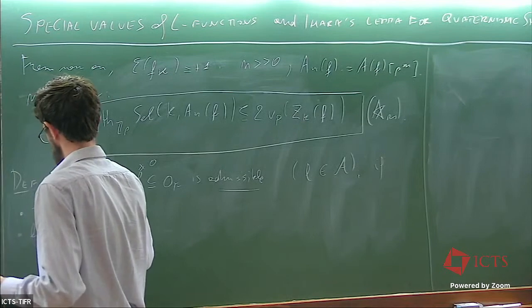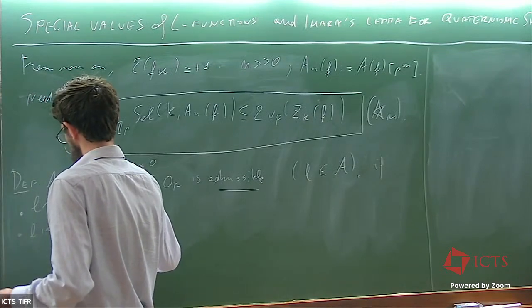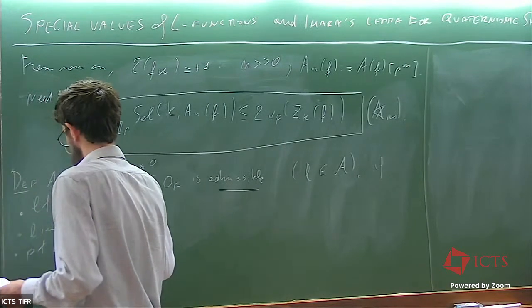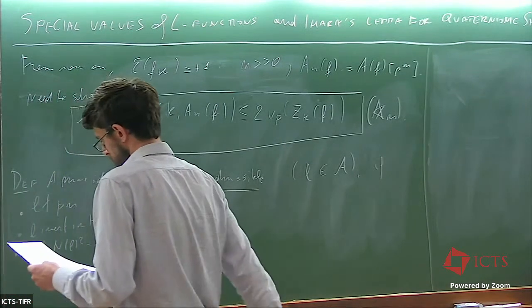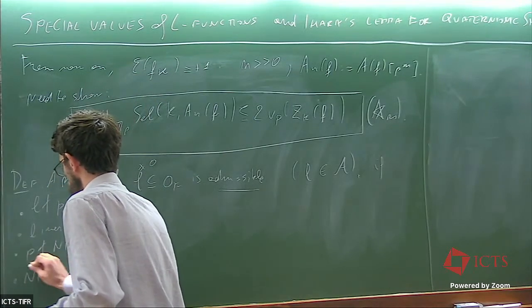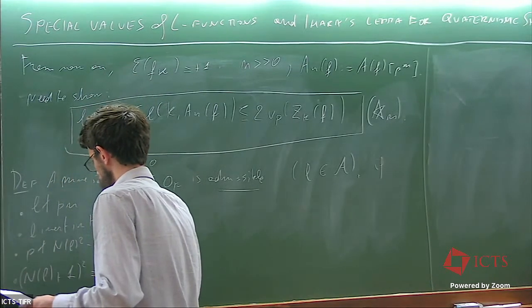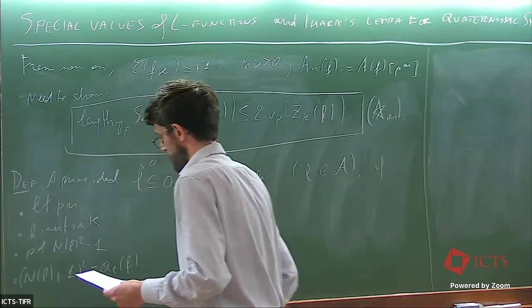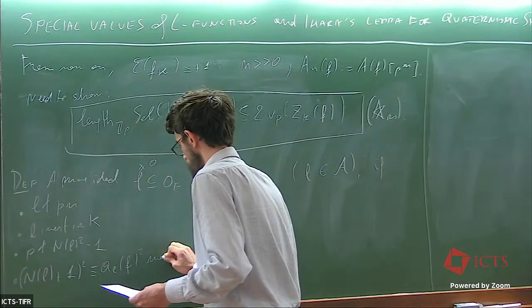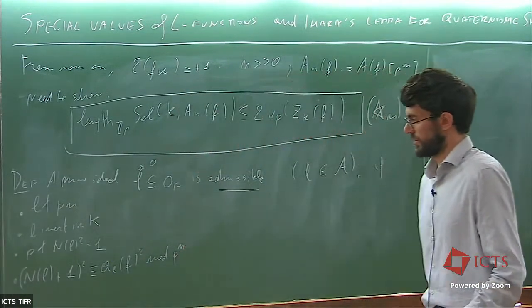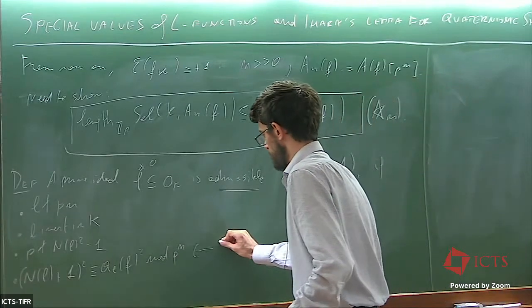L should be inert in K. And then p does not divide the square of the norm of L minus 1. And most importantly, this is the last condition: the norm of L plus 1 squared should be congruent to the L-th Fourier coefficient of f squared modulo p to the n. And the point is that this very last condition tells you that your L is a level raising prime.